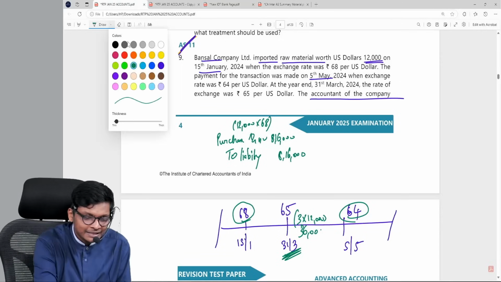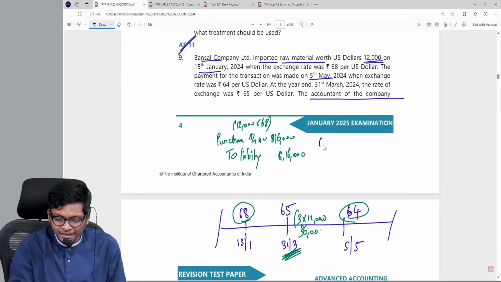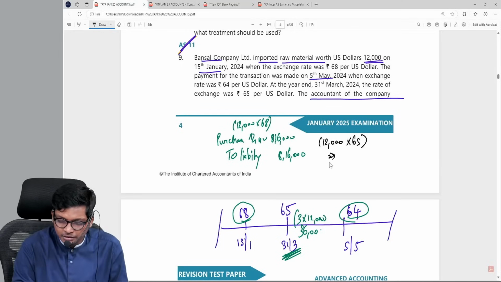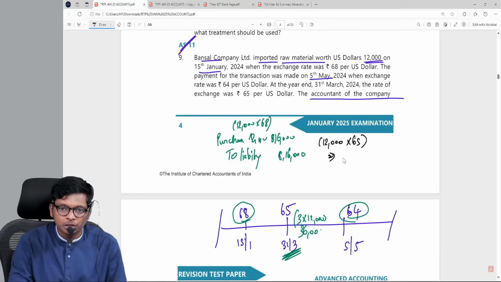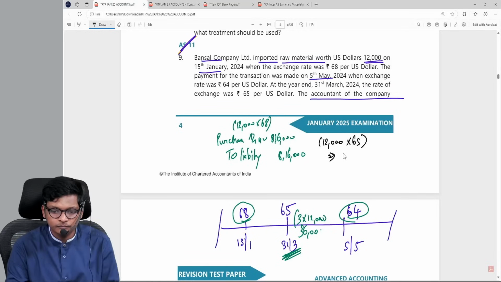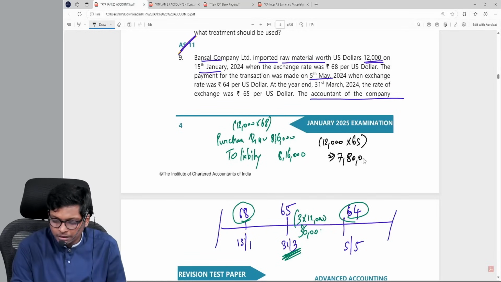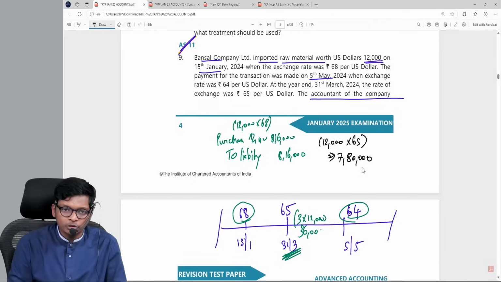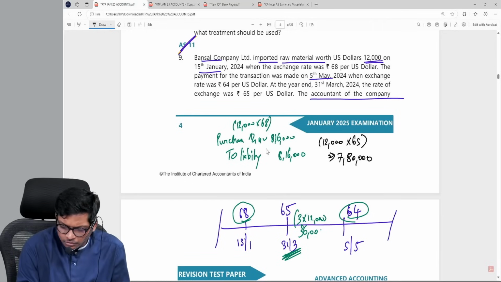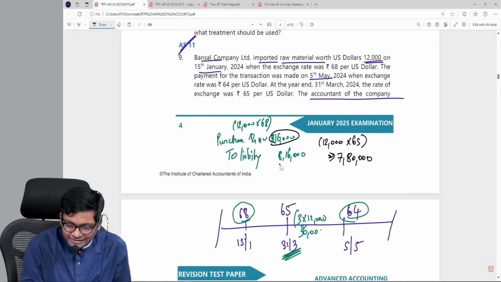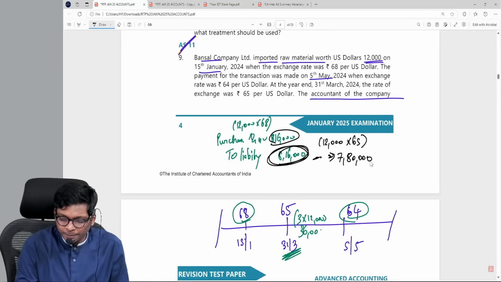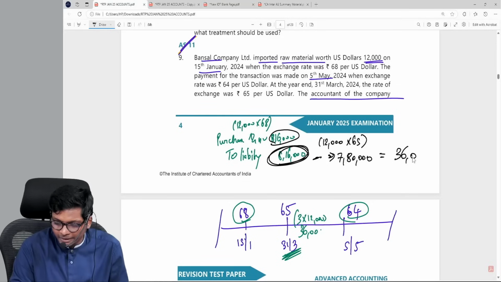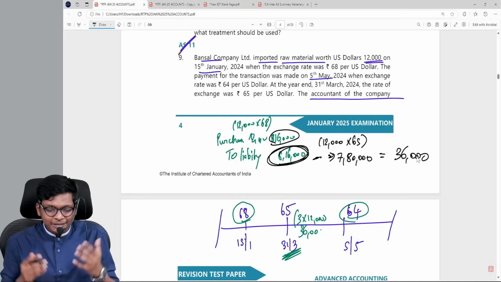That means, in other words, now if I have to pay, I just have to pay 12,000 into 65, which is how much, guys? 12,000 times 65, fast. 7 lakh 80,000. 7 lakh 80,000 is the new amount. Earlier I recognized liability for 8 lakh 16. Now I should pay only 7 lakh 80. Therefore I am saving how much? 36,000. I don't have to pay the whole amount.